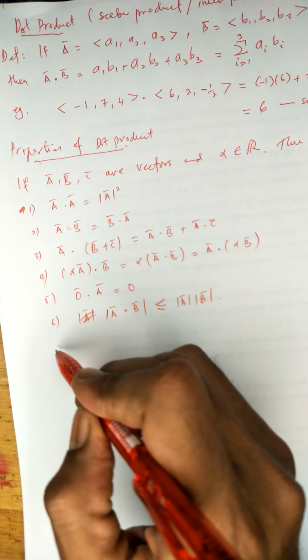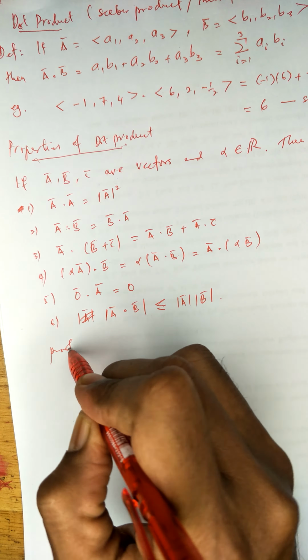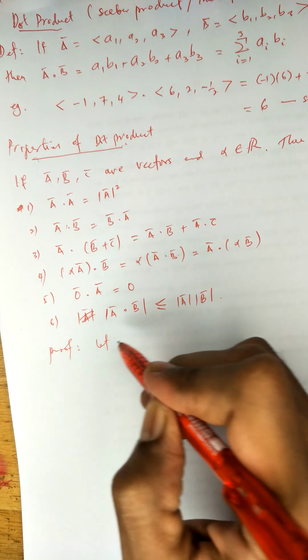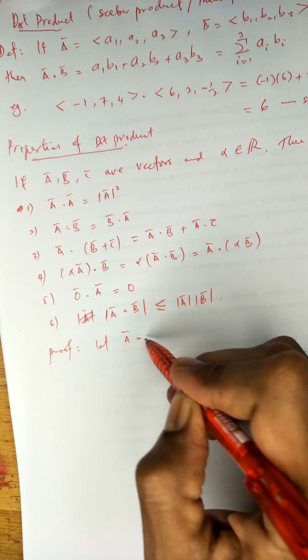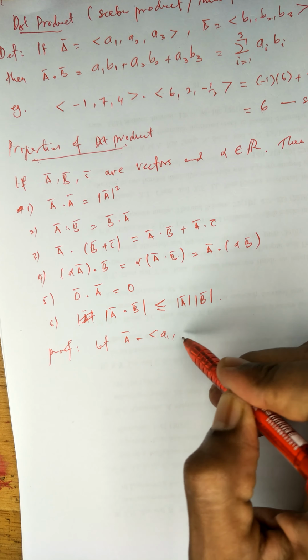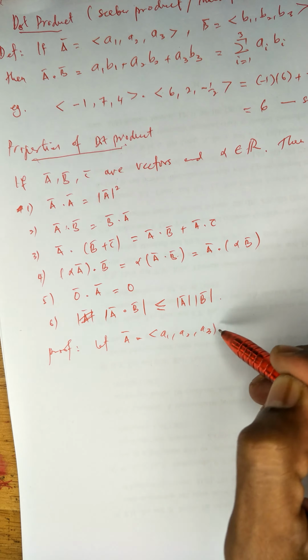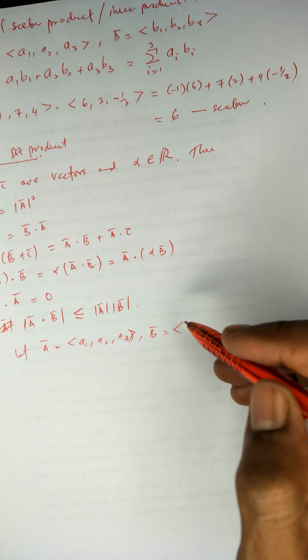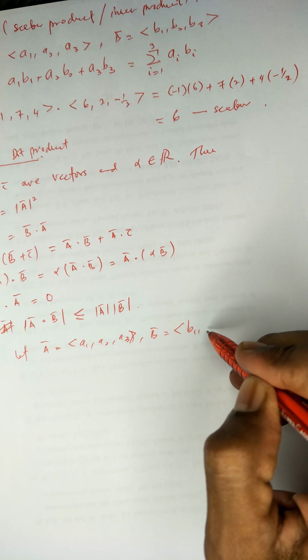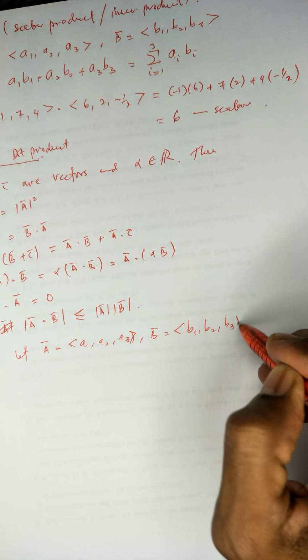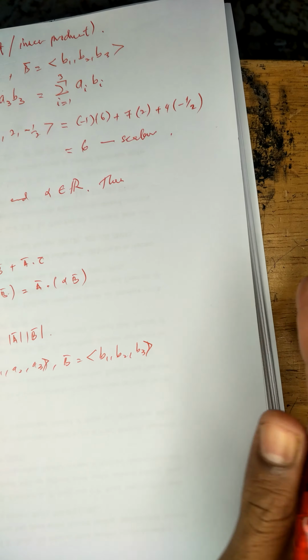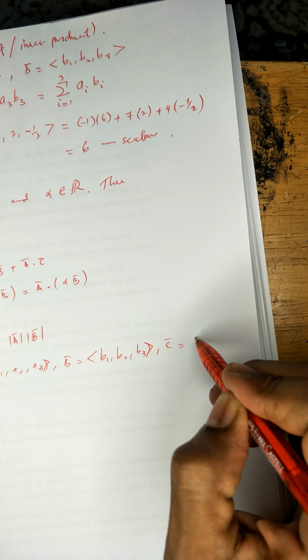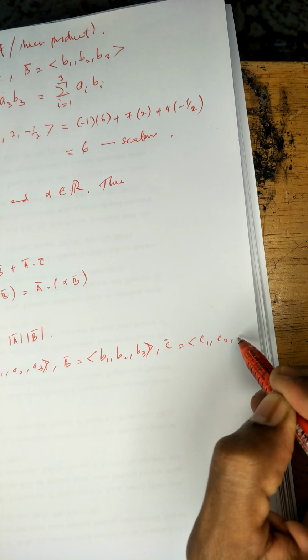You can always consider A with components A1, A2, A3, and B with components B1, B2, B3, and C with components C1, C2, C3.